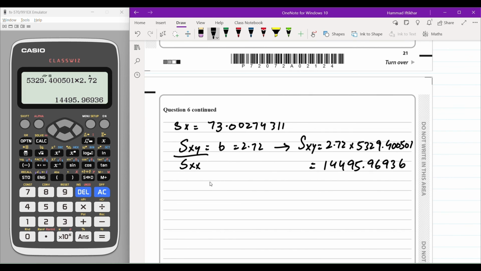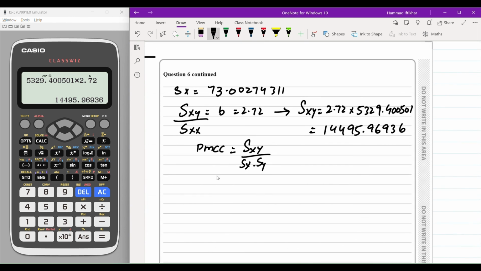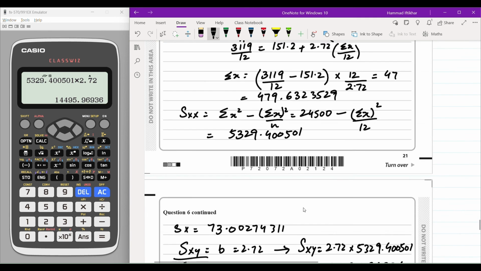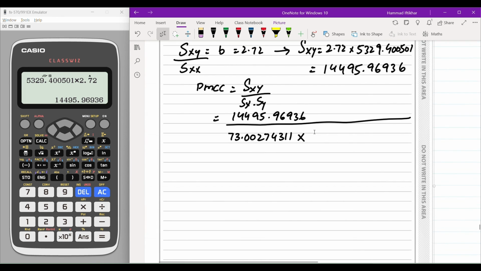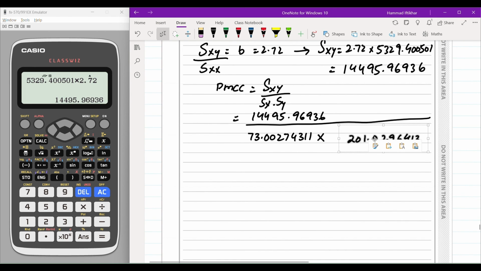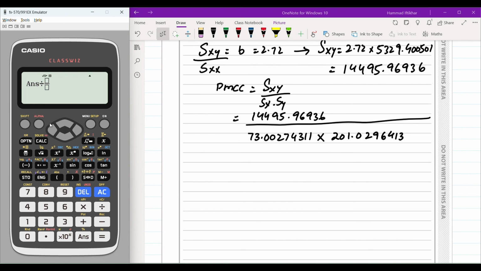So the PMCC is Sxy divided by Sx Sy: 14495.96936 divided by 73.00274311 times 201.029641.